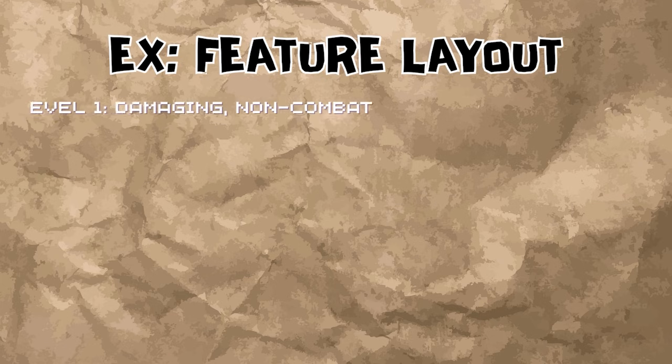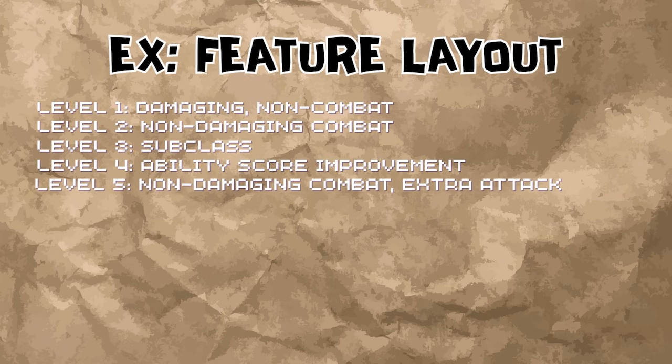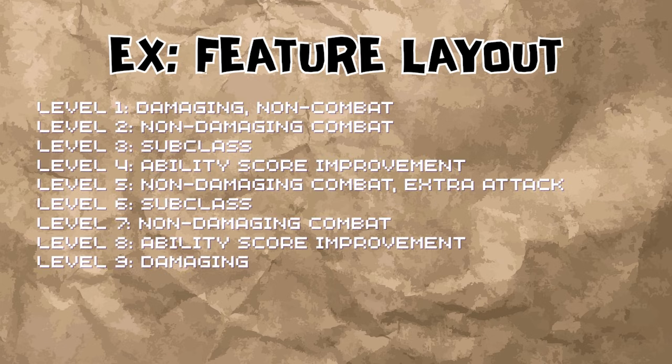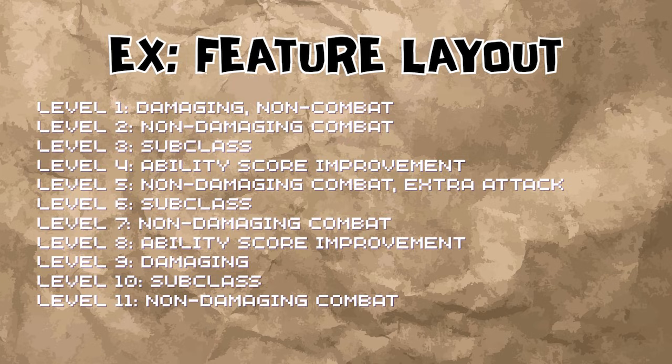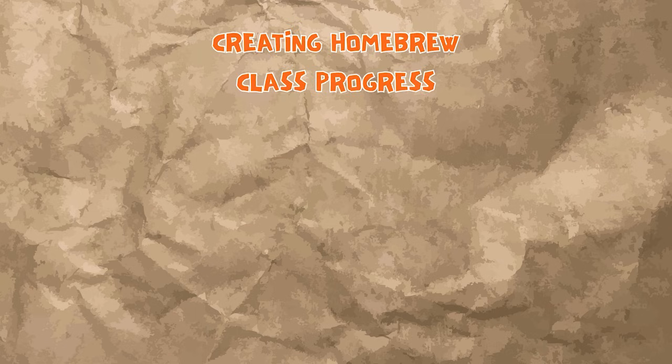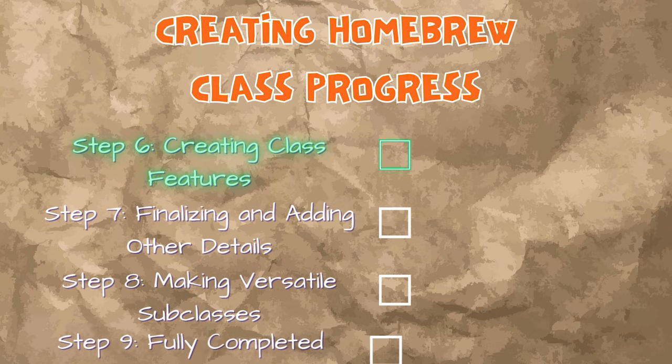Here is an example list of features per level that I came up with using the parameters I defined before. Again, this is not the only layout you can use. There are so many different possible combinations, but if you are lazy and don't want to come up with one, just use this template.